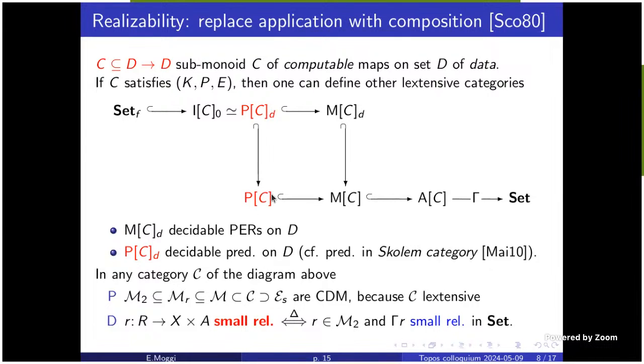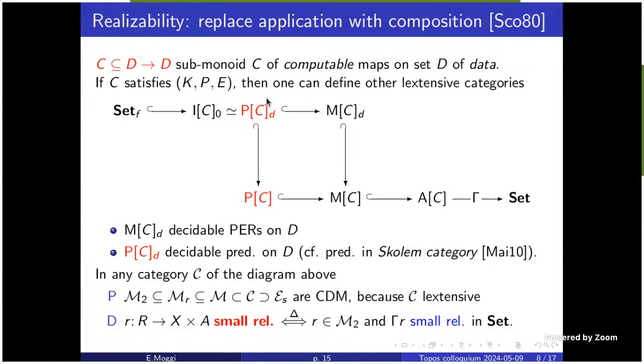Well, since this category is extensive, it means that the objects here correspond to maps from D, which I can view as an object in this category, to the object of the Booleans. Since it's extensive, we have this object.